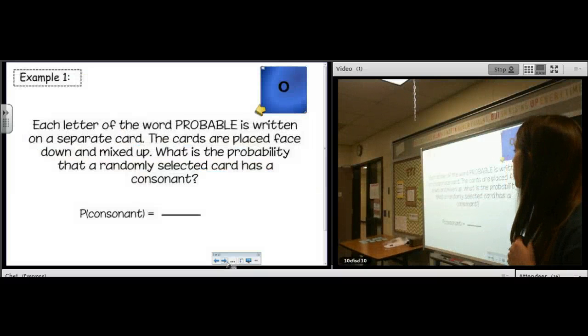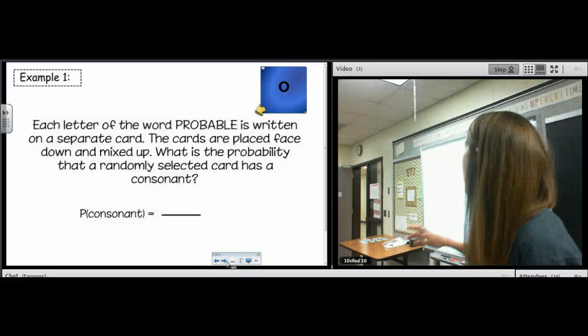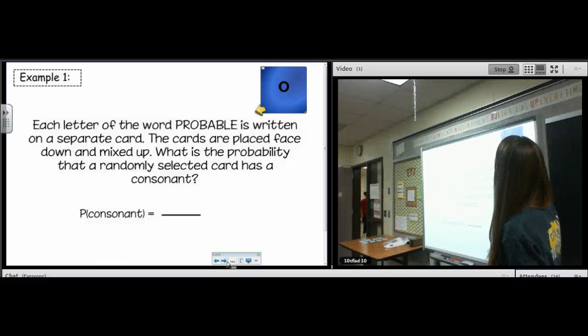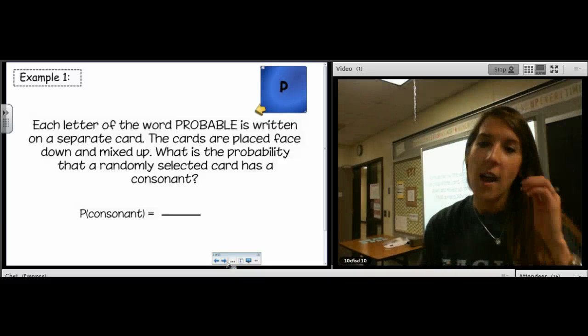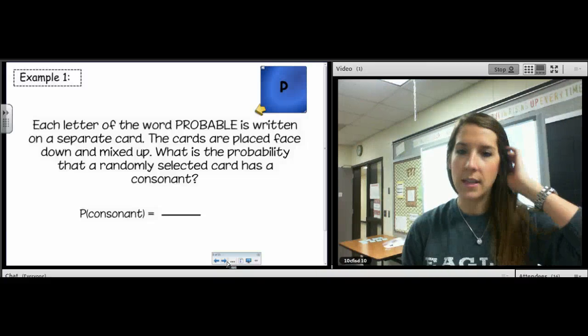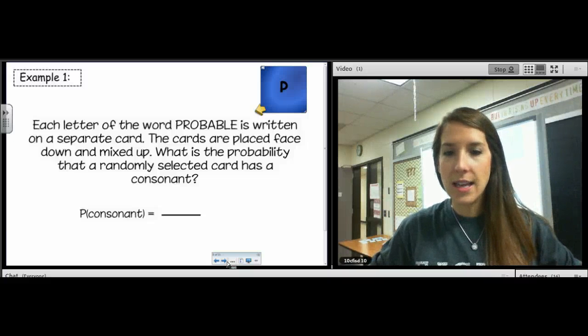All right, so each letter of the word probable is written on a separate card. Instead of cards for you guys, I have this thing up here that every time you click it, it's a different letter of the word probable. Anyways, the cards are placed face down and mixed up. What's the probability that a randomly selected card is a consonant?